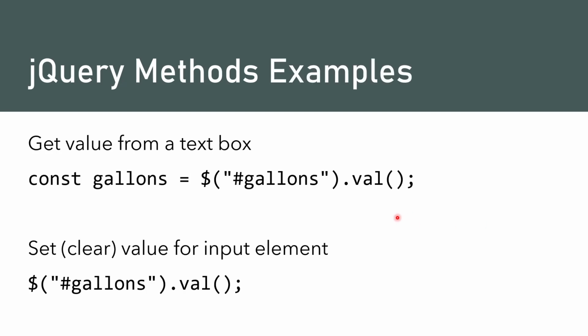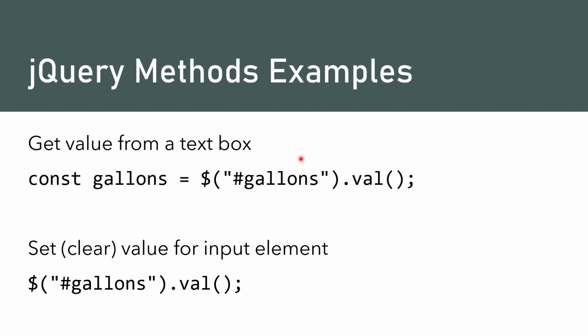So some methods that are common are the value method. You can use that to both get a value or set a value. So in this example, this is selecting the element with the ID gallons and then getting the value that's at that element.